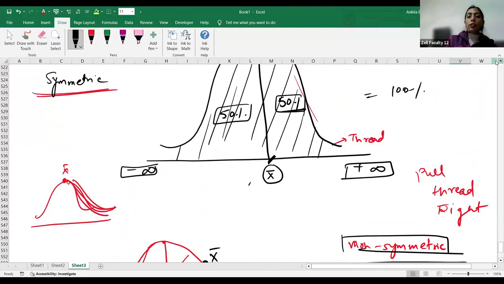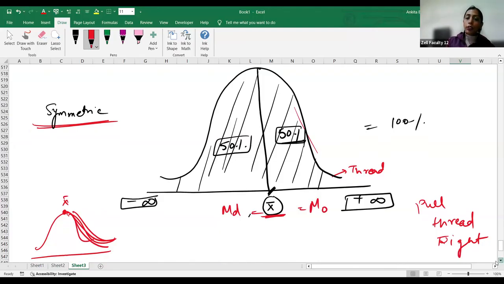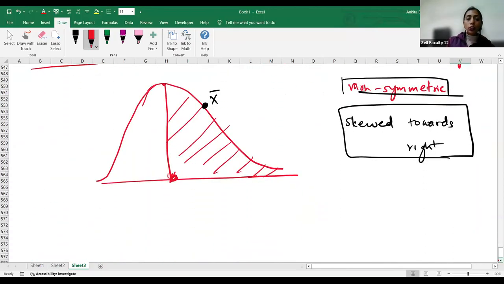In a normal distribution, you assume that this centric point is where mean, median, and mode are all equal. But in a skewed distribution, everything changes. Your mean is somewhere here, your median somewhere here, and your mode somewhere here.